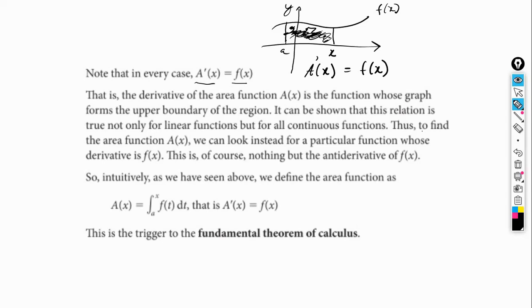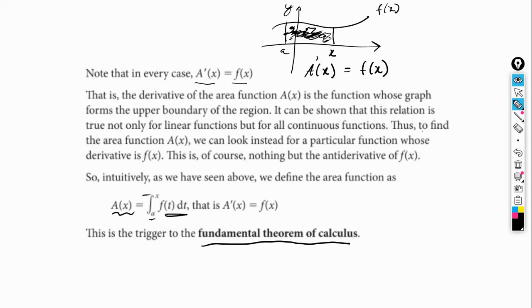And intuitively, what this does is give us the fundamental theorem of calculus, which says that the area under a curve is equal to the integral of f of t dt. Now this is a function of x. Although it's in terms of t, it's still a function of x. So the integral from a to x would give us the area under the curve.